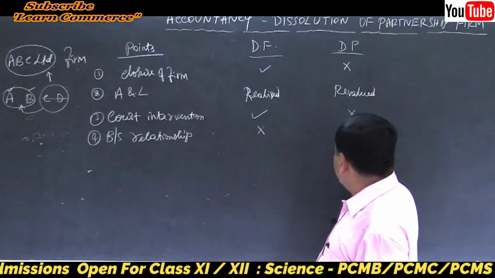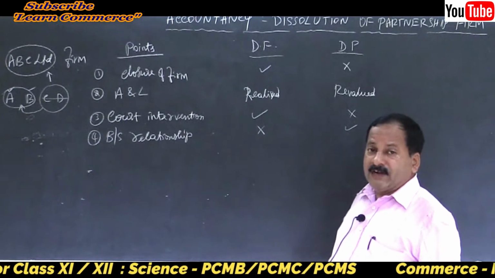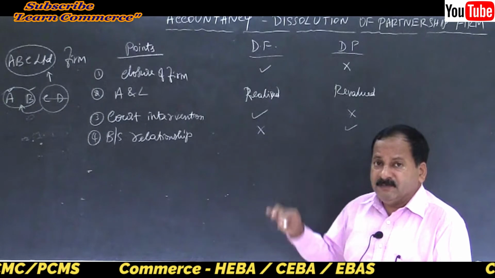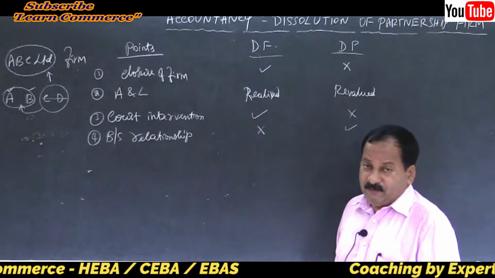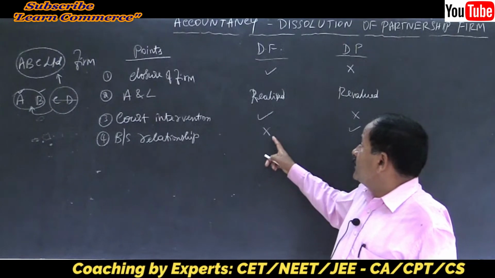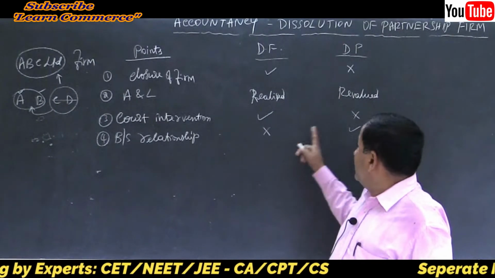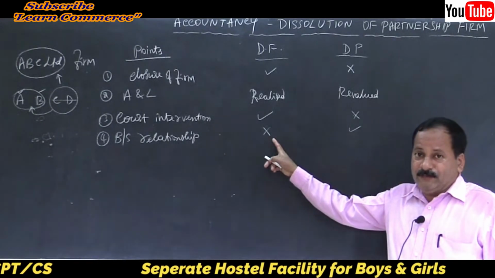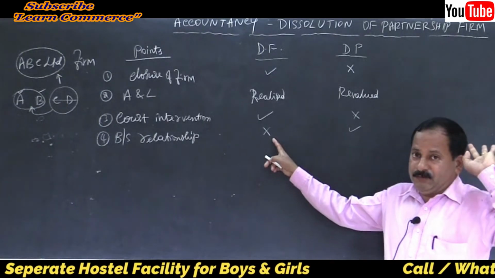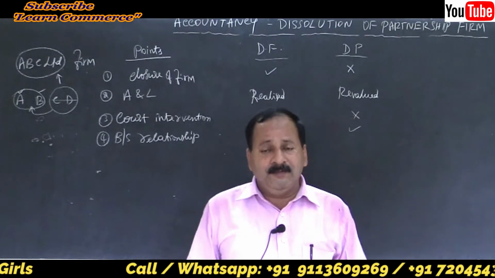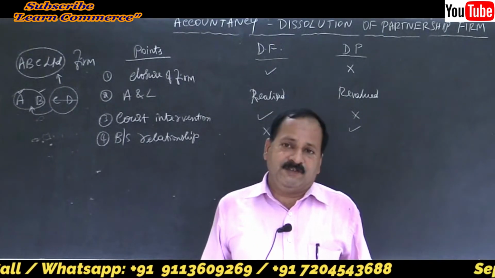Here it will continue, because some of the partners who are remaining in the business will continue the business, and the business relation will continue. So business relation will continue in case of dissolution of what? Partnership, and not of the firm. In case of dissolution of firm, business relation will not continue, because the firm gets closed and all the partners will go out of the firm, and the firm also will get closed.